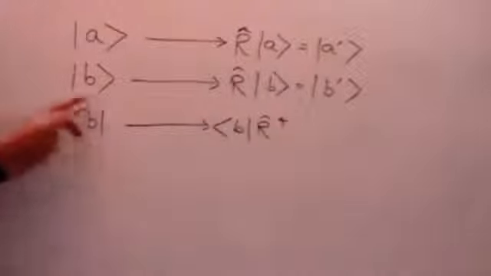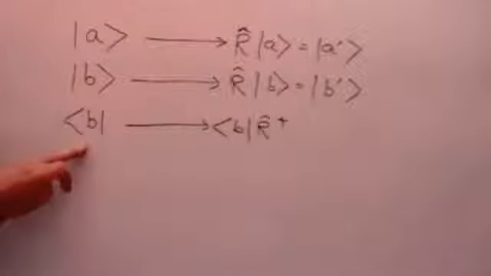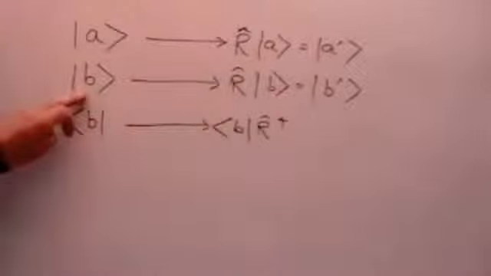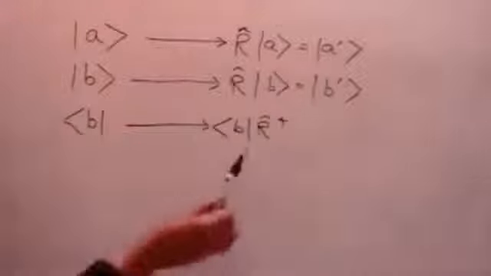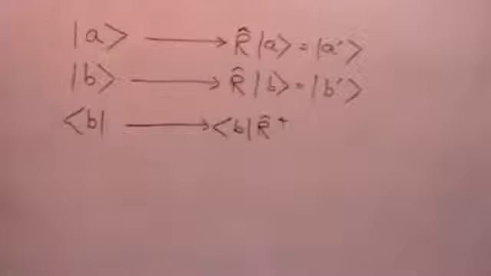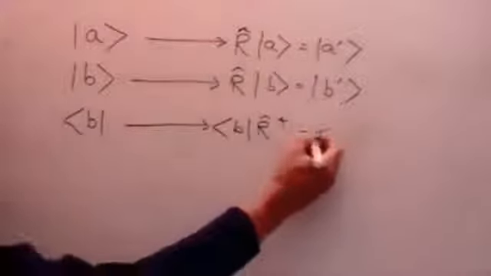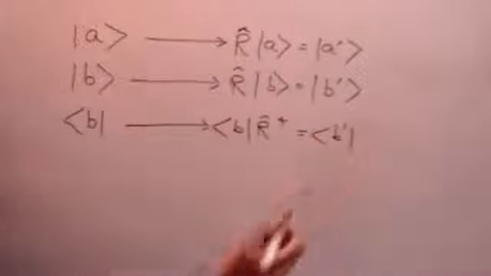Remember, the bra vector of B is the complex conjugate of the ket vector B. But when you take the complex conjugate of an operator, you take the Hermitian conjugate, which is essentially the transposed complex conjugate of the operator. And that is going to produce, of course, the bra vector state of B prime.